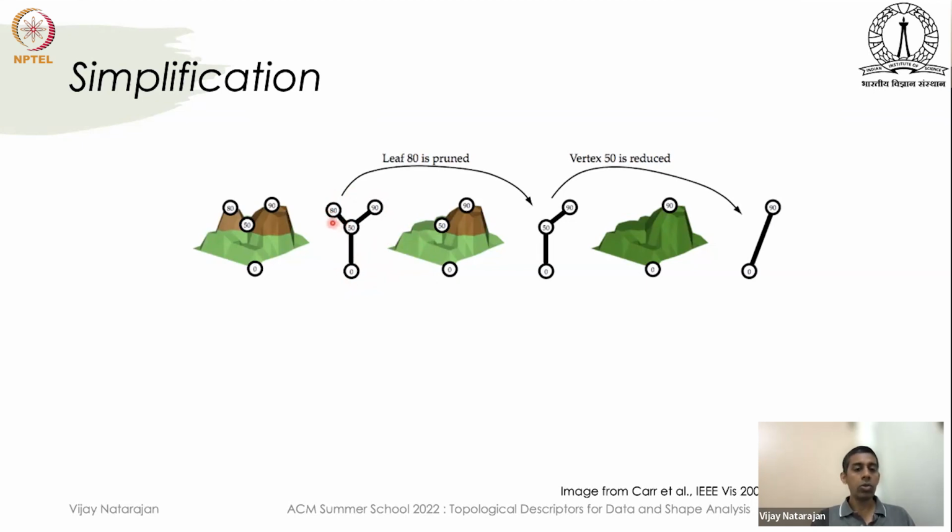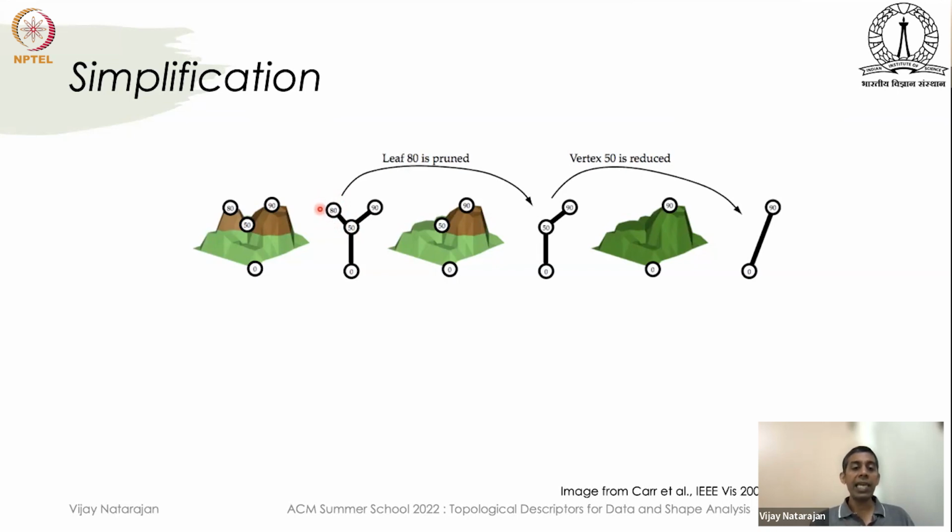This 30 is the cost associated with removing this arc. With these weights assigned, I could apply a very simple greedy algorithm to remove those arcs which have low weight.